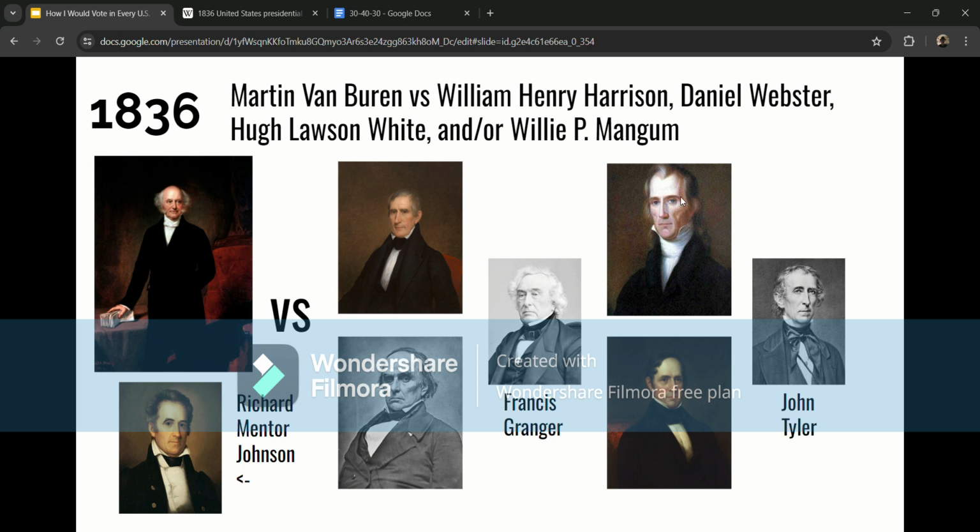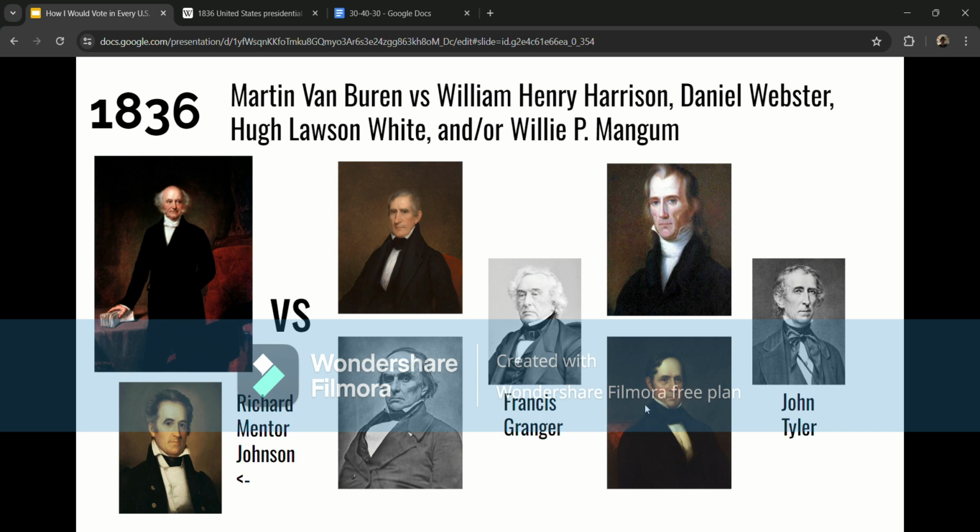And then you have Hugh Lawson White. Oh yeah, and Daniel Webster is only on the ballot in Massachusetts. So that's a big factor that I'm going to be taking into effect. And of course, the running mate for these 2 northern men was Francis Granger. Now, for the southern parts of the ticket, we have Hugh Lawson White from Tennessee, the senator from that state for many years.